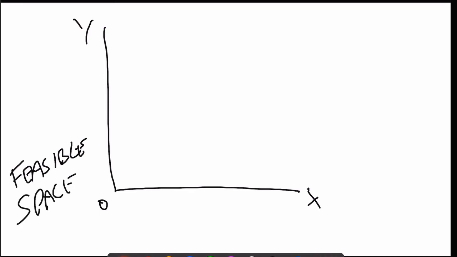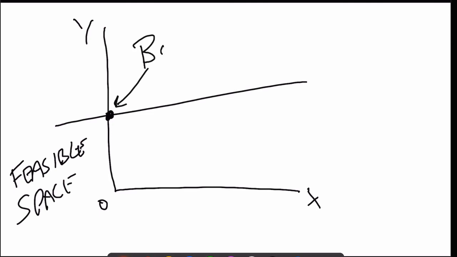Then we have possibilities. So let's suppose we just have a function that looks like that. Okay? If that is the best place, that's on the edge of the feasible space, right? That's our edge. That edge point is called a boundary solution.